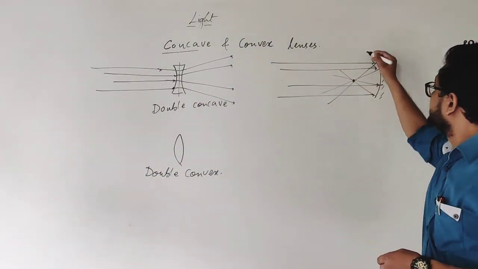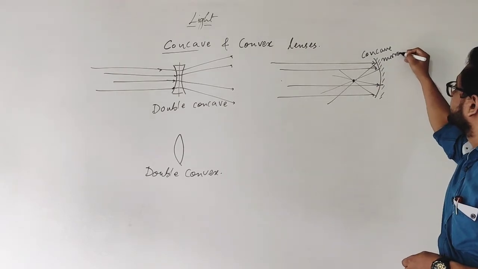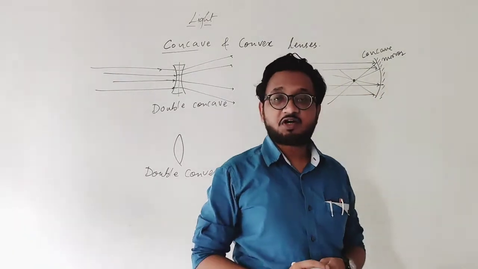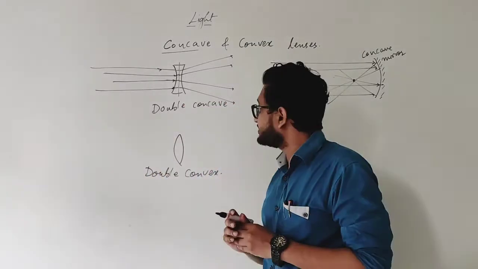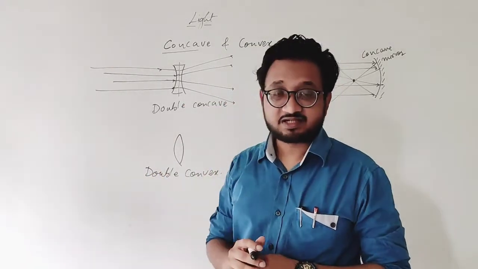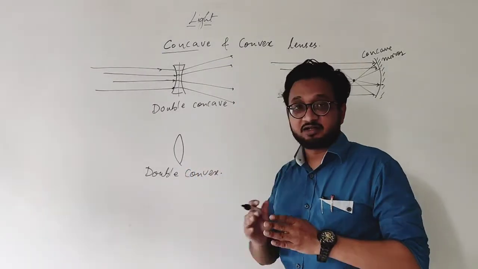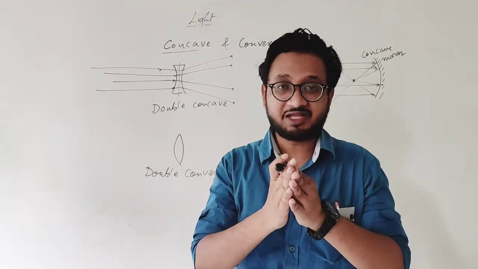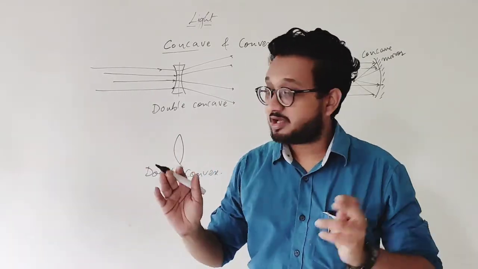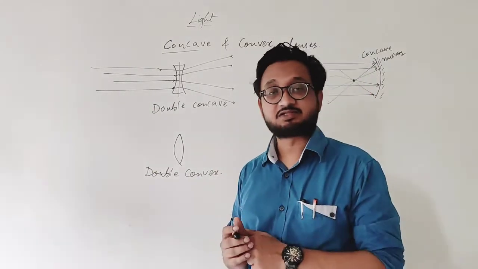That concave mirror was a converging mirror, but concave lens is a diverging lens. Diverging means it spreads out the rays of light. It does not converge, it does not bring them together, it spreads them. And that is why concave lens is a diverging lens.